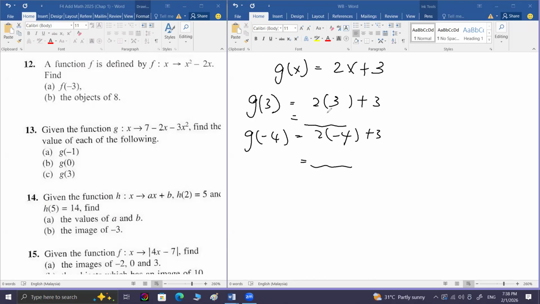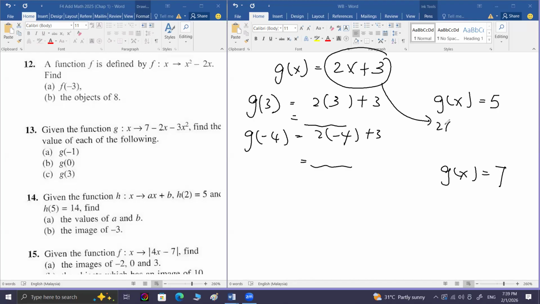Got it? So sometimes you are given g(x) is 5, or you are given g(x) is 7, which means find x. If given like this, you copy the right side to find x with the alphabet.